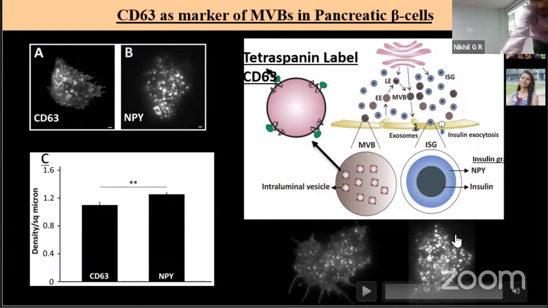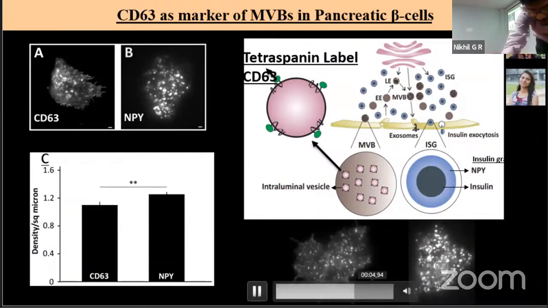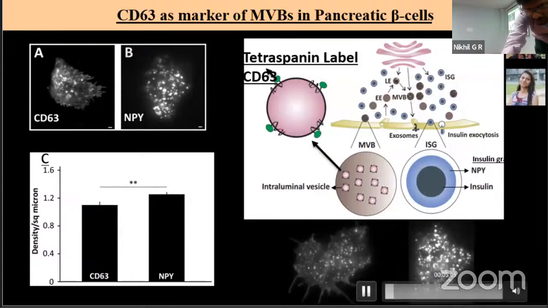But compared to that, when you stimulate them, they don't do much. Whereas insulin granules, when you stimulate them, as I showed you previously, it's the same movement. So there you can see they do undergo exocytosis, but these don't undergo exocytosis. Why this is the case, what's going on, there are a lot of questions and answers. Priyadharshini is leading this work, we'll probably get to know more as we go on.